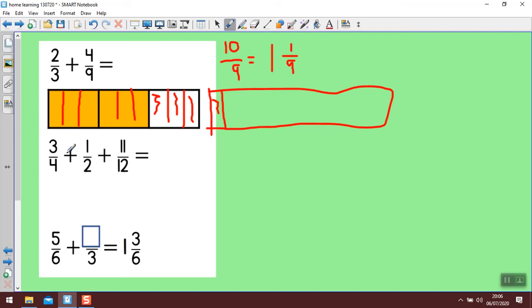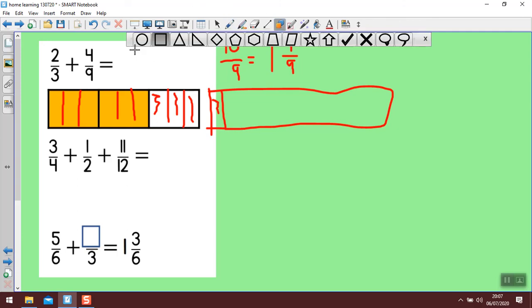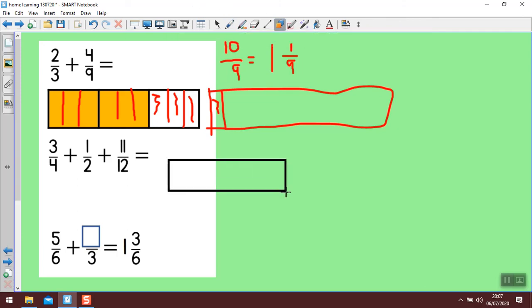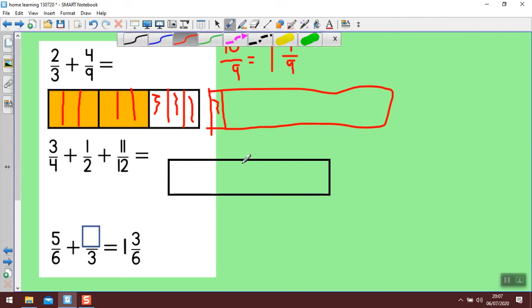Now I've got 3/4 plus a half plus 11/12. So I need to draw a bar. I'm going to split it into half. So that is my half. I'm going to draw around my half in red. I then need to look at quarters.